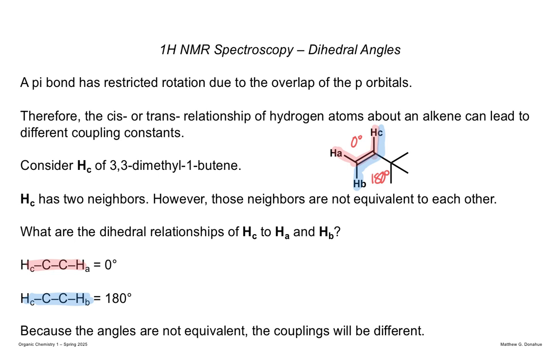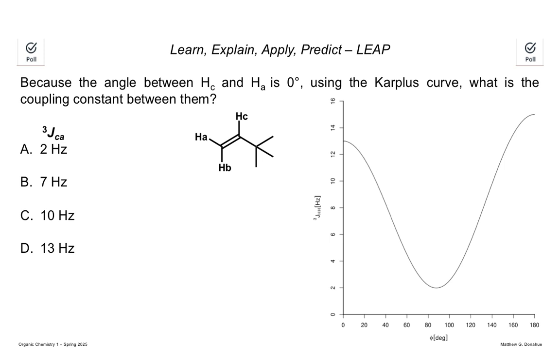So because that angle is different, the couplings are now going to be different. So what do we do? How do we basically figure out how that signal is going to look? So C to A was 0.